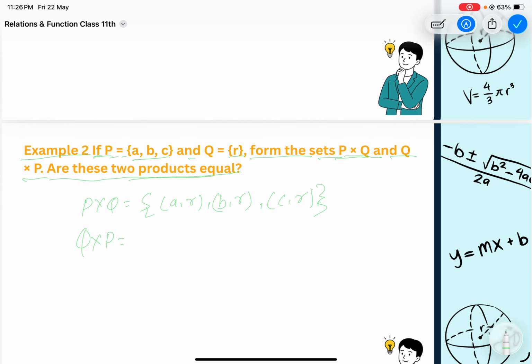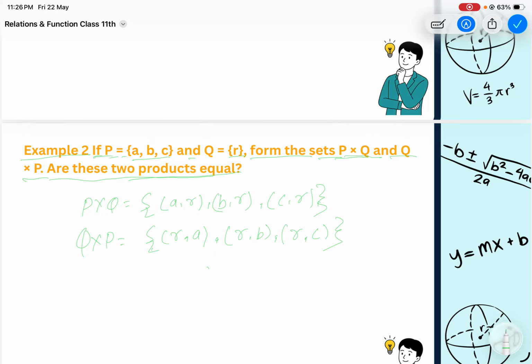Now Q × P: we will start with (r, a), then (r, b), then (r, c). So both are different coordinates.